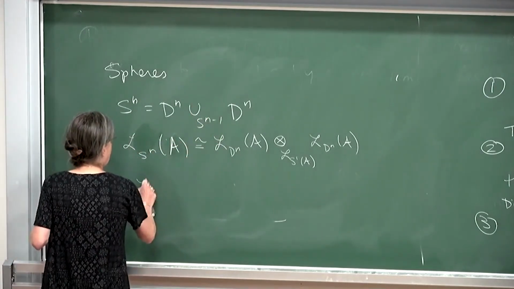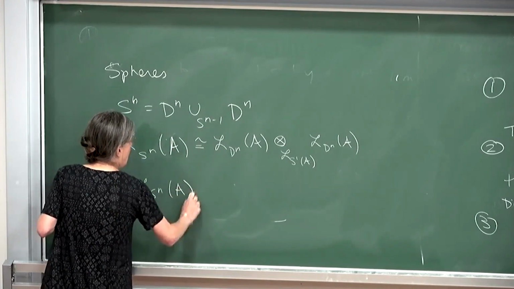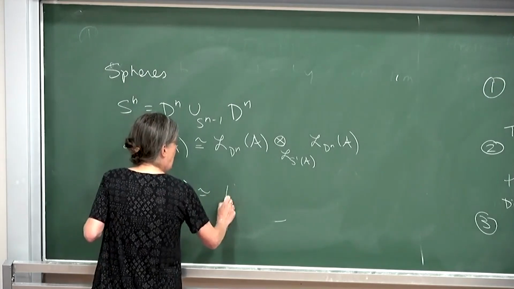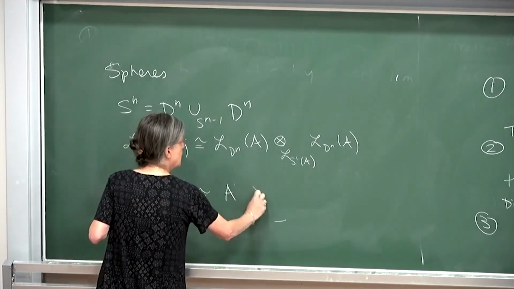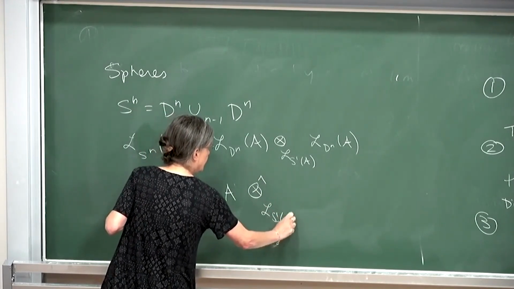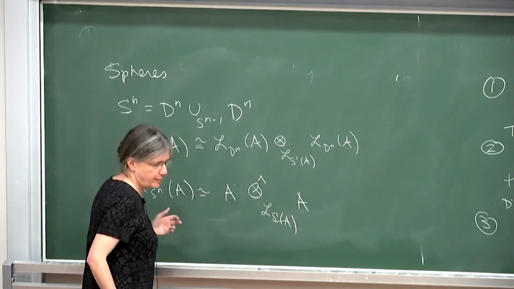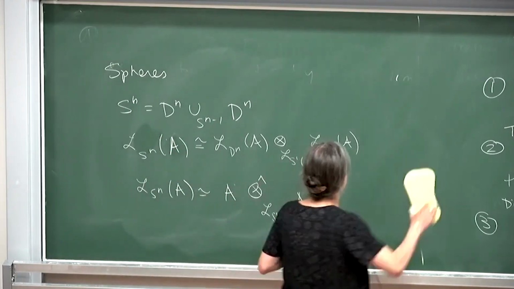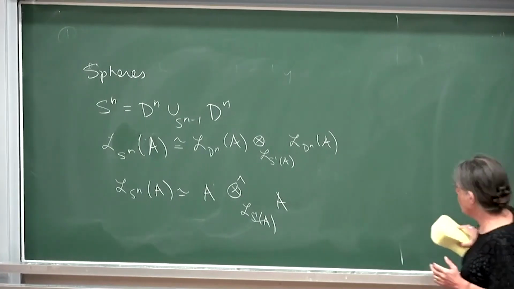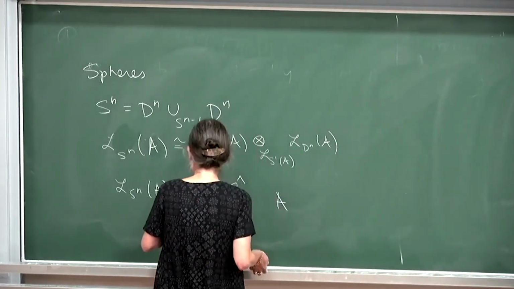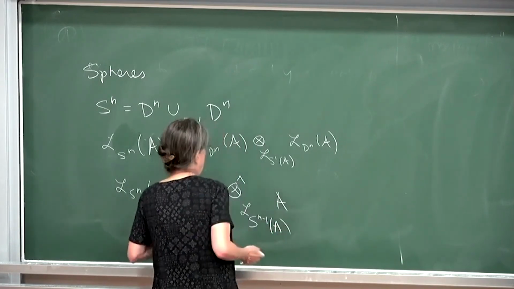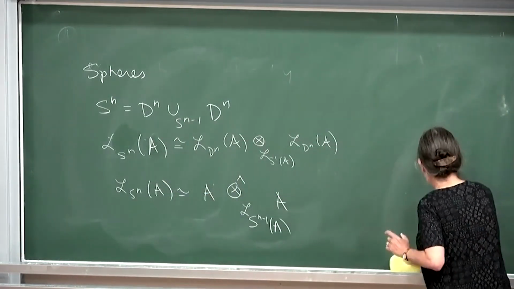So you could say that L S^n A is A, which is equivalent to this, derived tensor over L S^1 A with A. And that gives you a spectral sequence. Oh, sorry. N minus 1 became 1. That's bad.